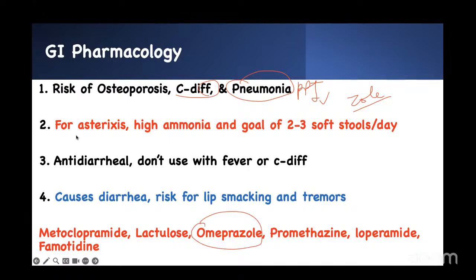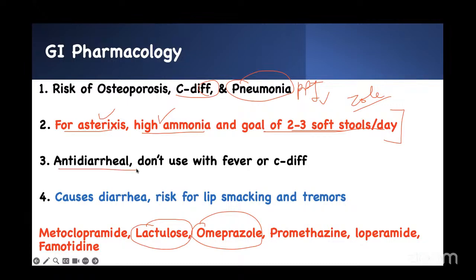Second one, the patient has asterixis, his ammonia is high, and the goal is to get 2 to 3 bowel movements. So which one can we use for this? If you have high ammonia and asterixis, that means flapping tremor, right? And then the goal is 2 to 3 bowel movements. Which one? It has to be lactulose.